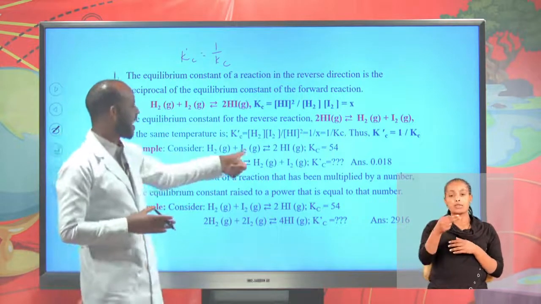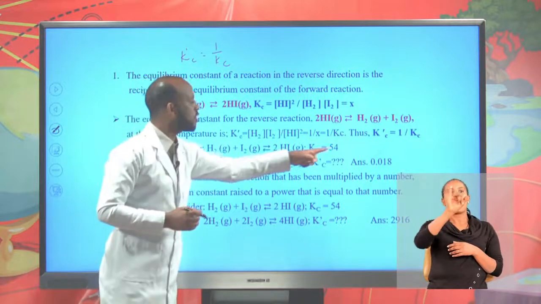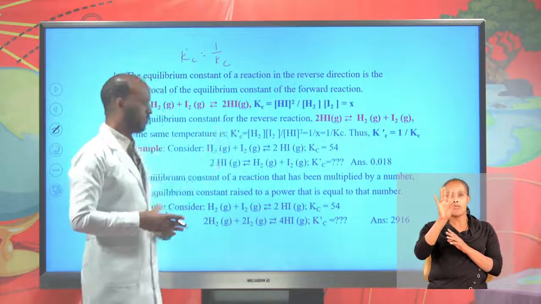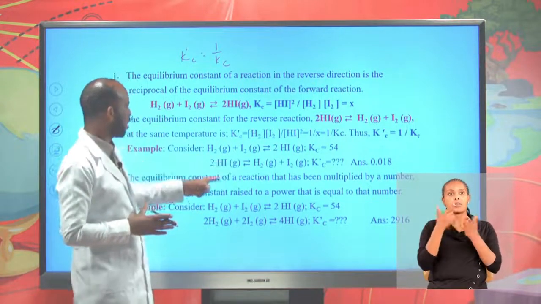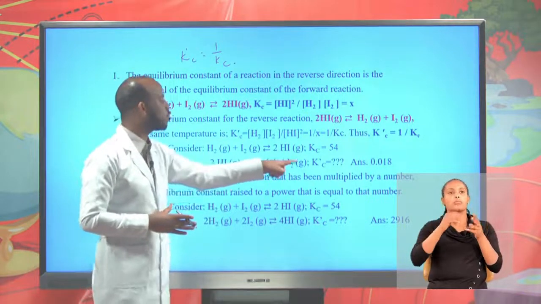Hydrogen gas plus I2 gas in equilibrium with hydrogen iodide gas. Kc for this reaction is 54. Now reverse this reaction. When the reaction is reversed, it becomes 2 hydrogen iodide gas in equilibrium with hydrogen gas plus I2 gas.